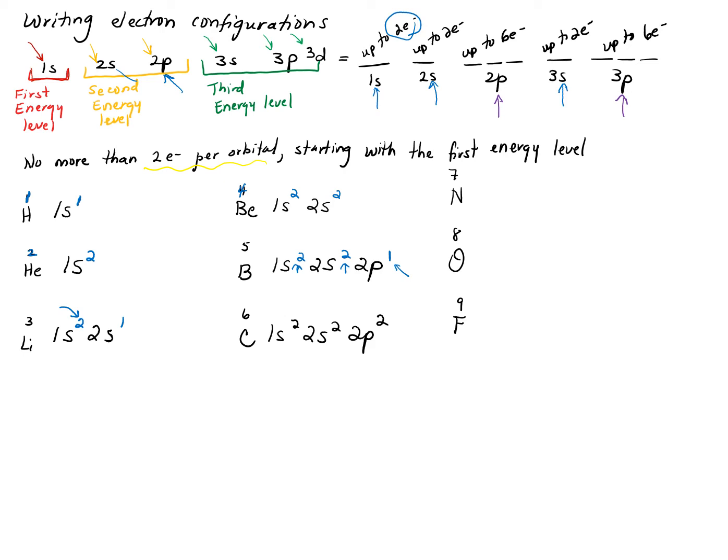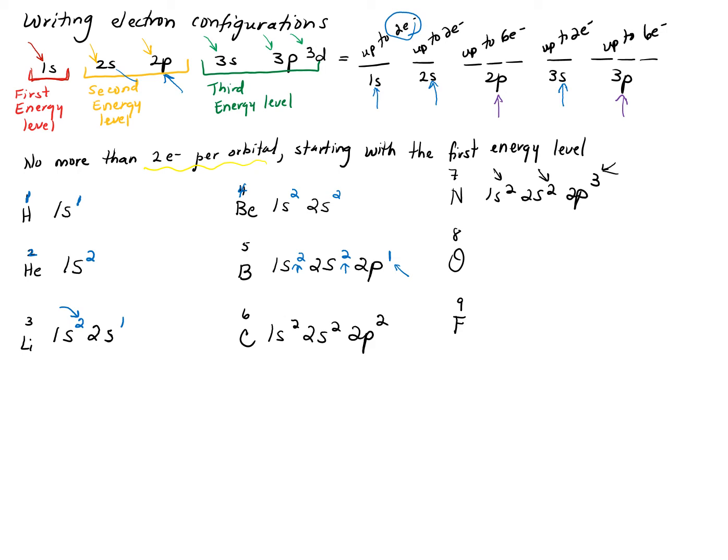For nitrogen, it's 7 electrons, so we keep adding them. 1s2, 2s2, 2p3.